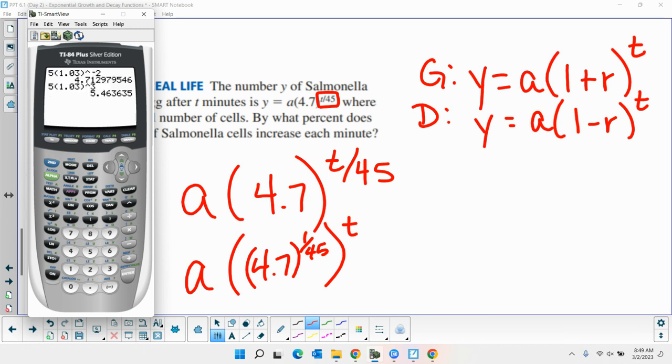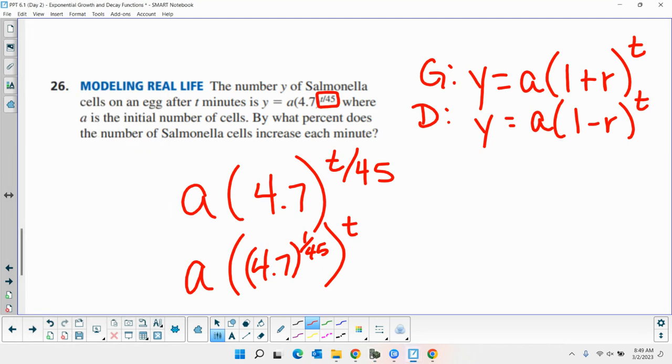Sorry. So we're going to go 4.7 caret and then 1/45th to see what that number is. 1.03 we'll just go with. Okay. So now we know what type of problem it is.